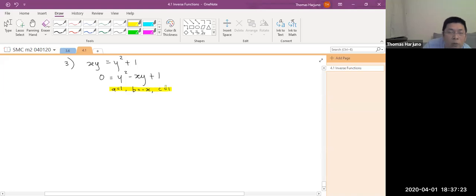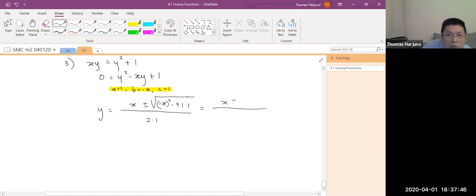So y equals negative b plus or minus the square root of b squared minus 4ac, over 2a, which simplifies to x plus or minus the square root of x squared minus 4, over 2.